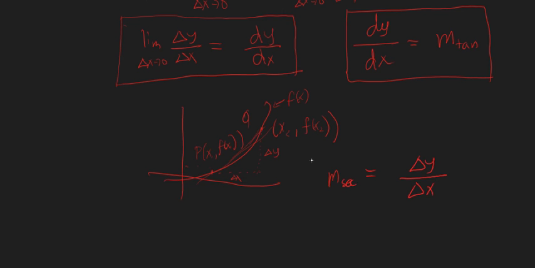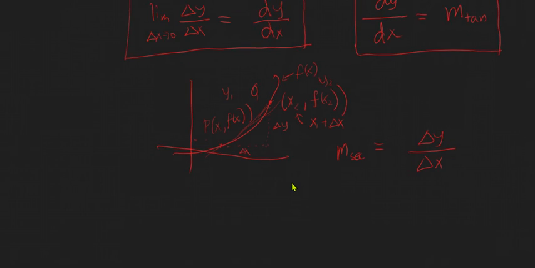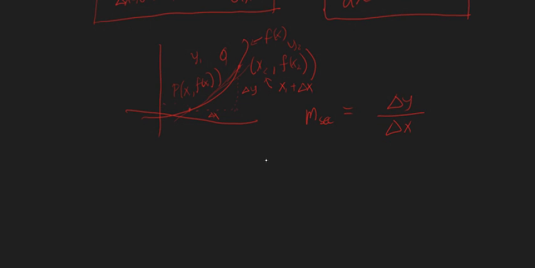So what's delta y? Delta y is y2 minus y1. Here, this is our y2, and this is our y1, and this is x1 and x2. But here, x2 is actually equal to what? It's equal to x1 plus delta x. Or we can just make it general. Let's just remove the subscript 1.